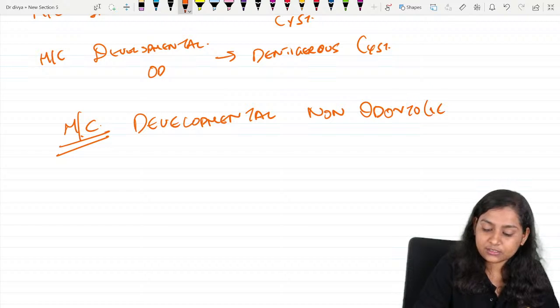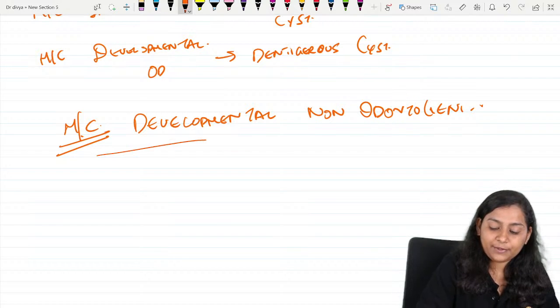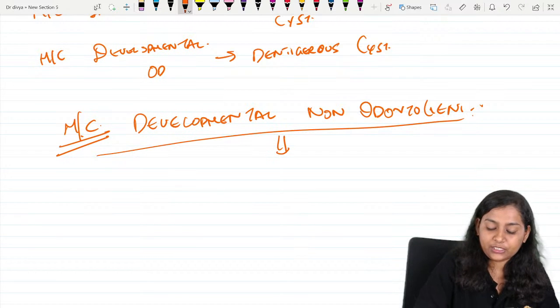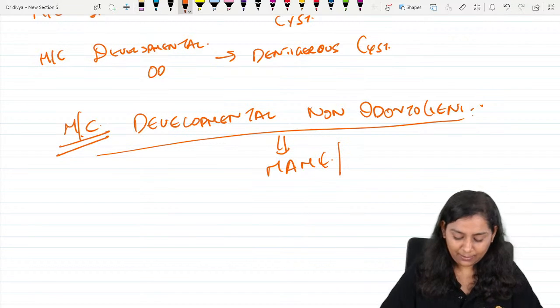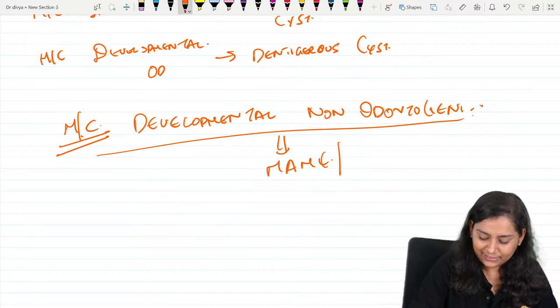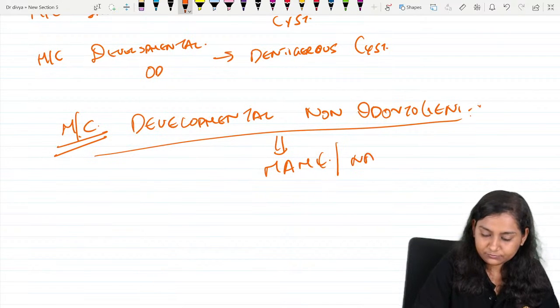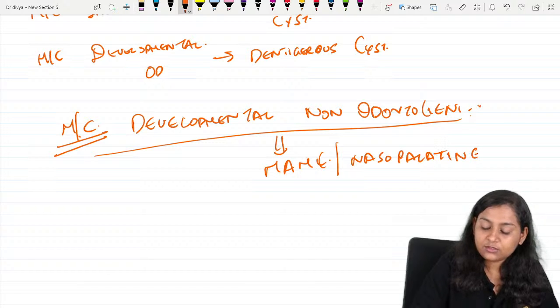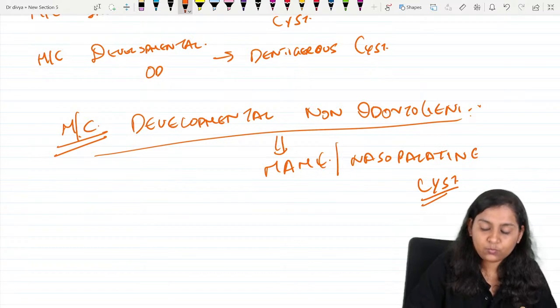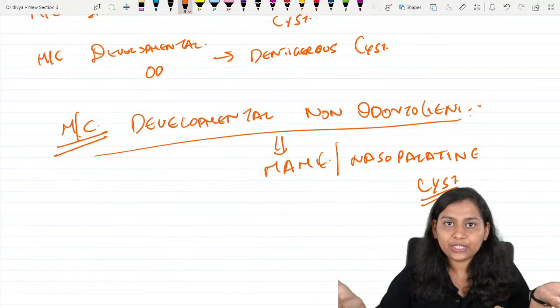Most common developmental non-odontogenic cyst, it is median anterior maxillary cyst, also can be called as MAMC or nasopalatine cyst. Nasopalatine cyst.